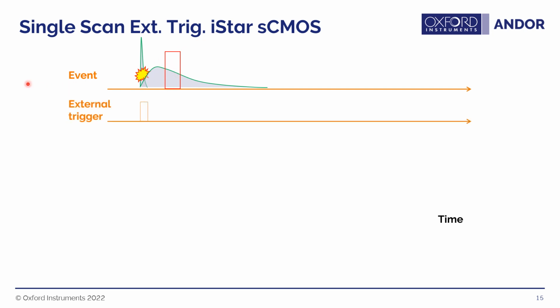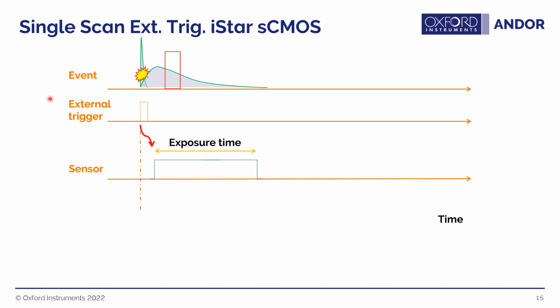What's also happening now is that this external trigger also goes to the camera, and after a little bit of time for the camera sensor to think and get ready for its acquisition, the sensor itself allows the exposure to happen. So the exposure time is starting.